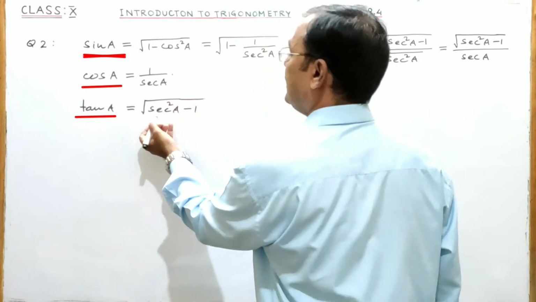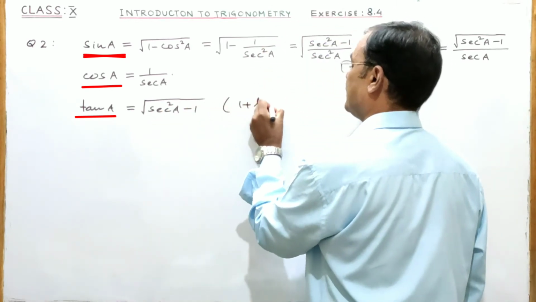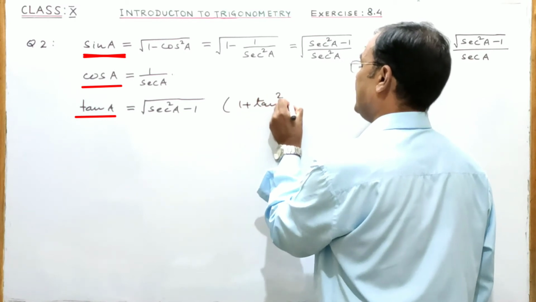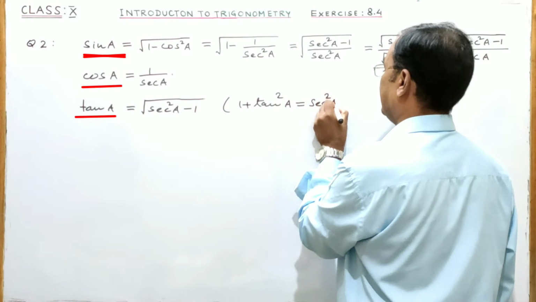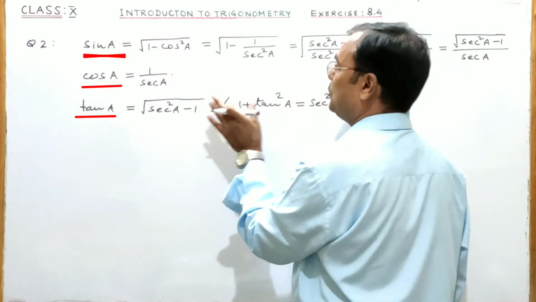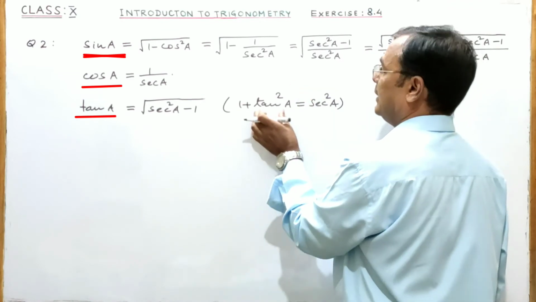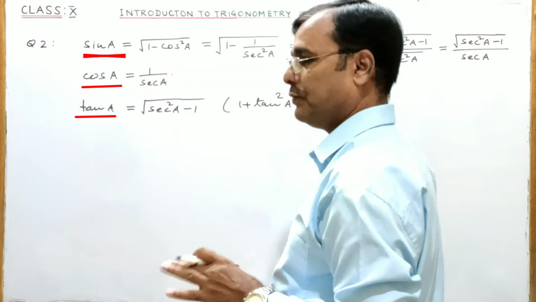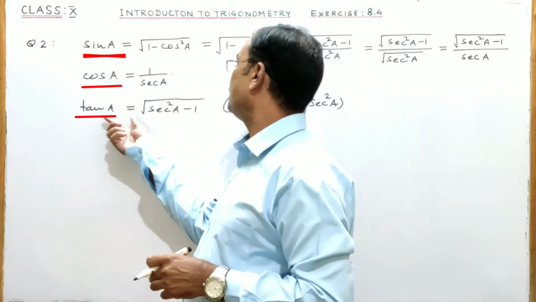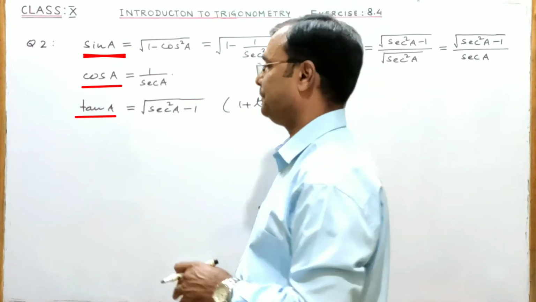What is the identity? Identity is 1 plus tan square A equal to sec square A. So this identity we have used here. 1 is transposed from left side to right side, and tan square A will be equal to sec square A minus 1. So tan A is equal to under root sec square A minus 1.